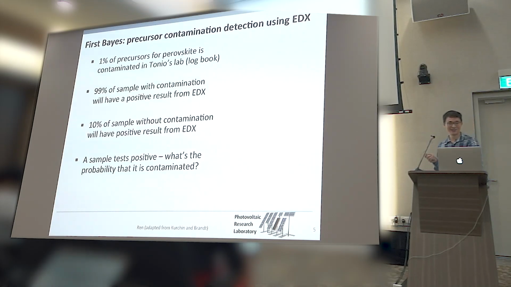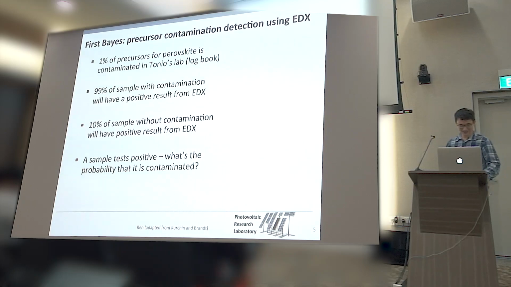Everyone in Tonio's lab is doing a really good job keeping records of all your experimental details. And we know from the experimental logbook that in all the past runs, only 1% of the runs were affected by this precursor contamination.